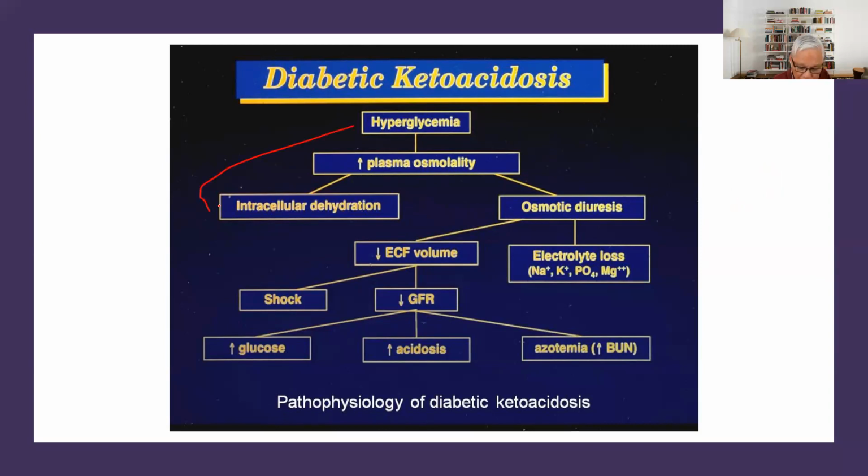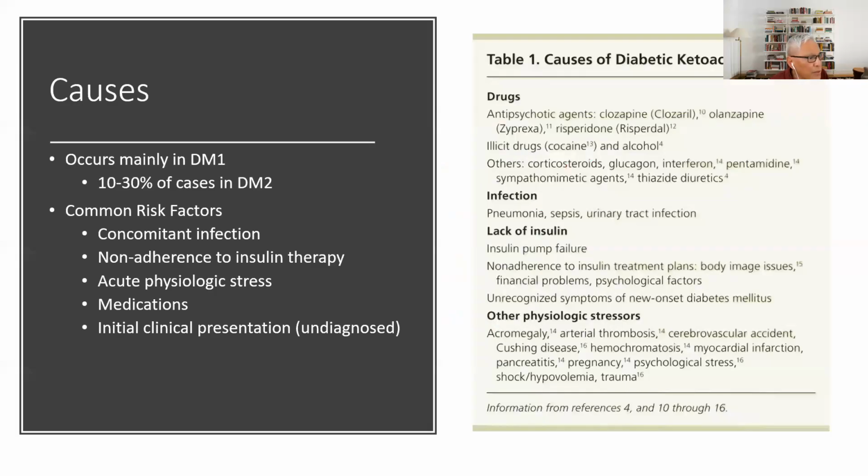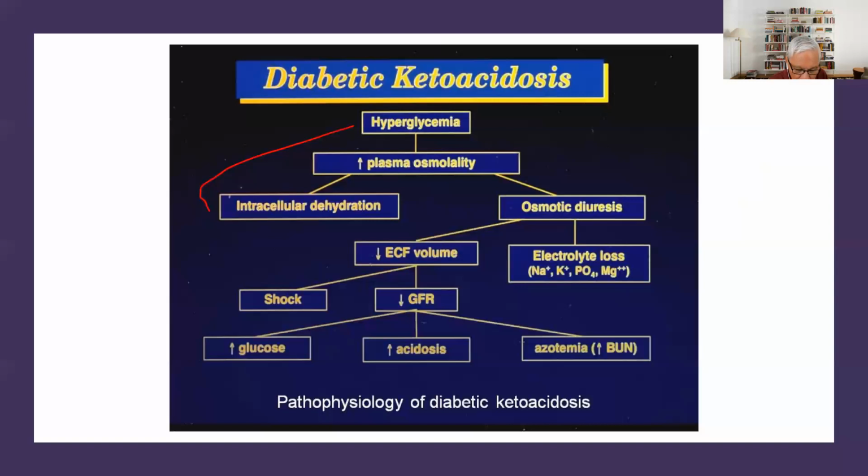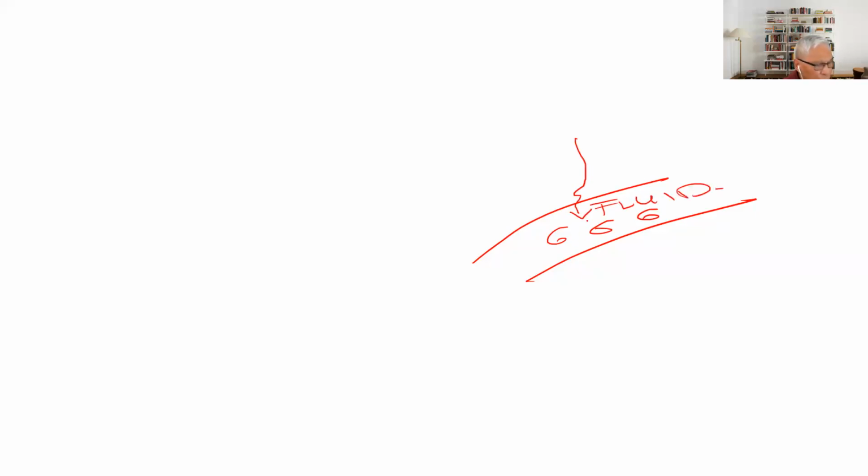And now let's go further. What happens when plasma osmolarity is increased? So again, if I were to illustrate the blood vessel, and now the blood vessel is full of glucose, the water or the fluid is now going to come over into this vascular space.